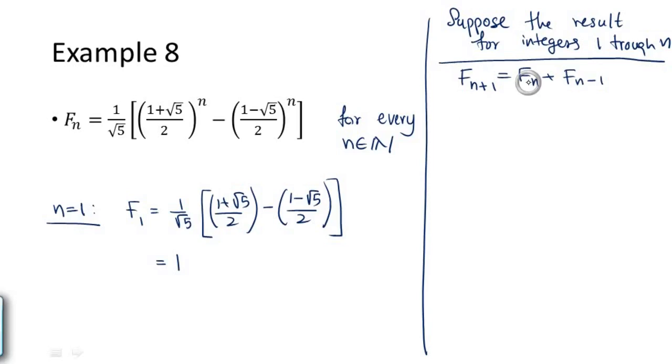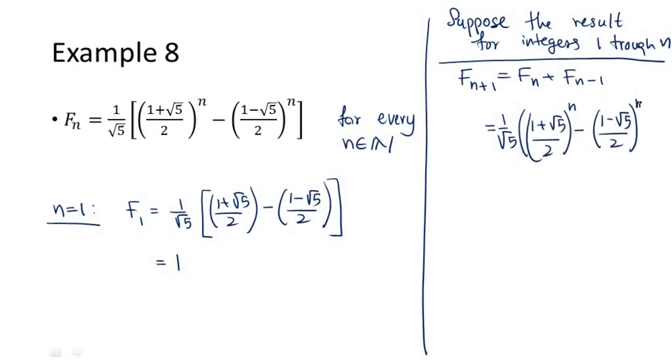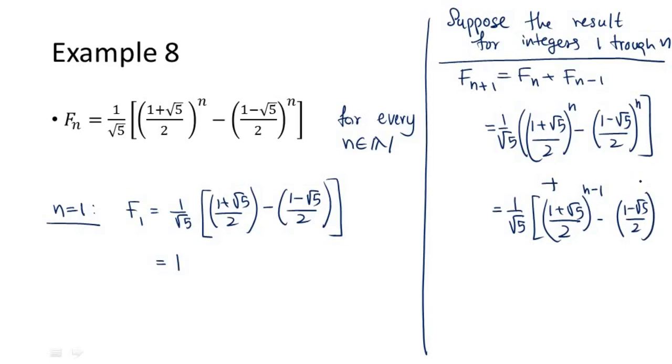Then it is indeed the case that Fn is equal to 1 over root 5 times (1 plus root 5 over 2) to the nth power minus (1 minus root 5 over 2) to the nth power, plus, and now, this result is also true for n minus 1, and therefore I can write Fn-1 is equal to 1 over root 5 times (1 plus root 5 over 2) to the n minus first power minus (1 minus root 5 over 2) to the n minus first power.